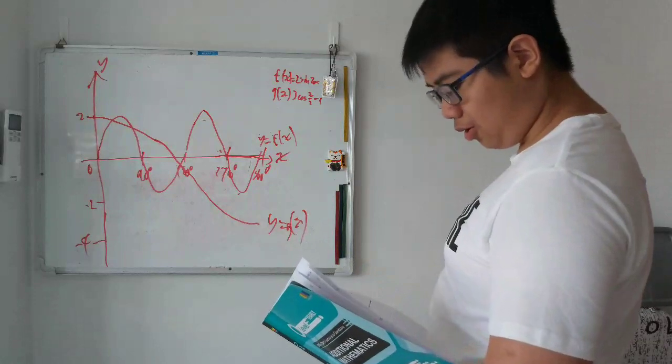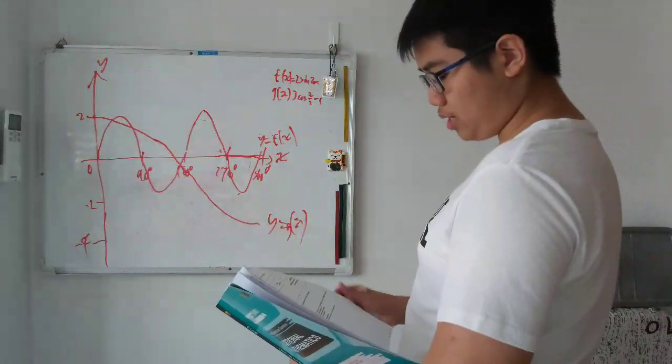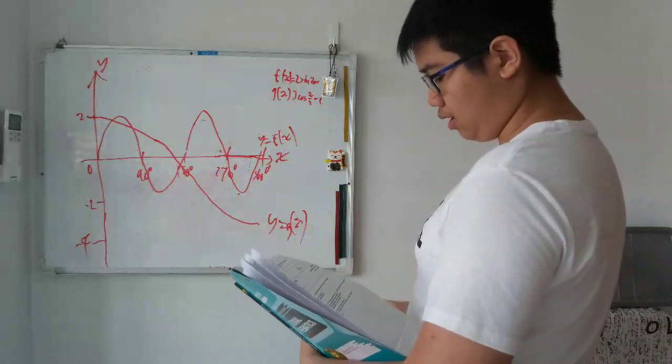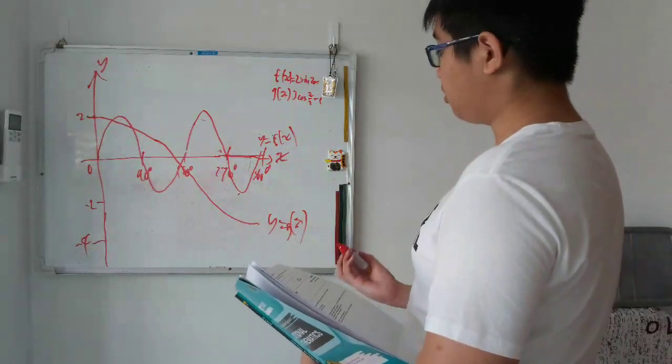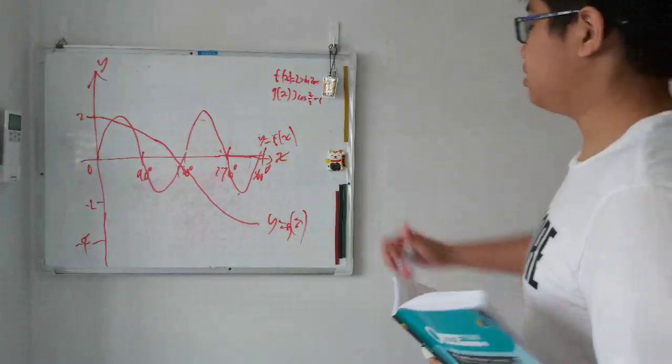Finally, the very last question. State the number of solutions for the equation 2 sin 2x plus 1 equals 3 cos(x over 2) minus 1... for 0 degrees less than x less than 360 degrees. This is very easy. Remember, these are our equations.